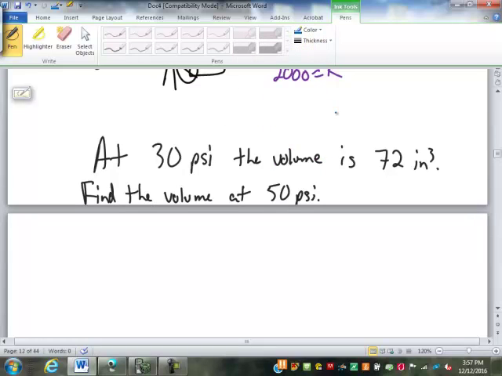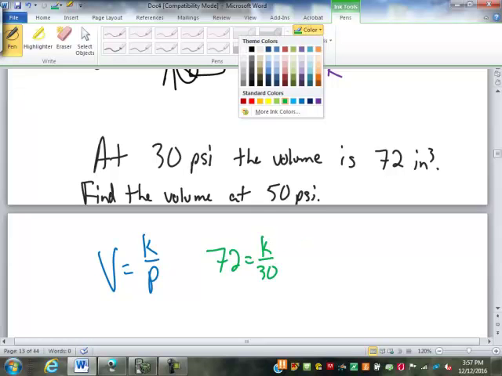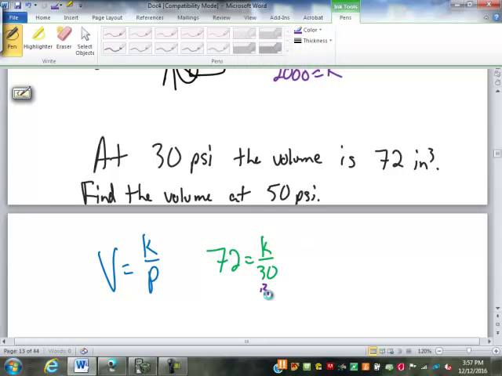So again, the volume is inversely related to pressure. V equals K over P. We know that it is a volume of 72 at a pressure of 30. So multiply by 30 to get K. This is what? 2,160 equals K. So we know that the volume is 2,160 divided by the pressure.